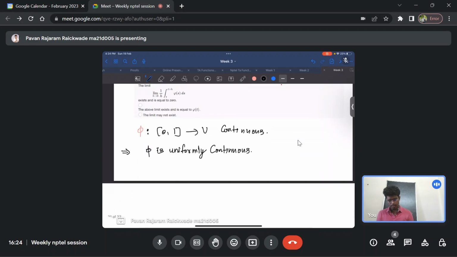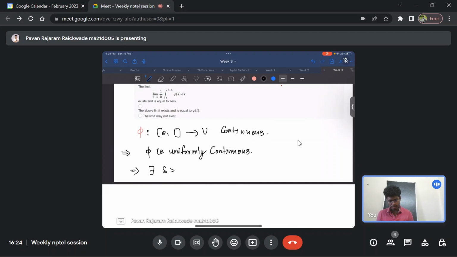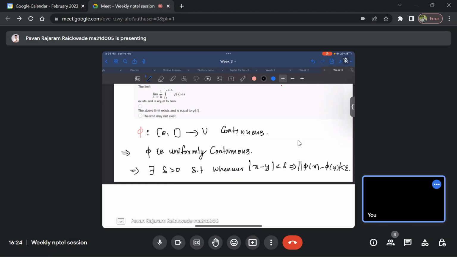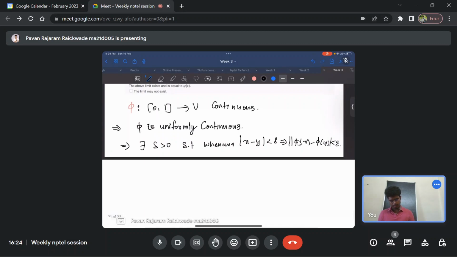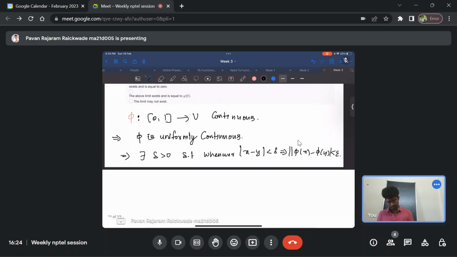So there exists a delta positive such that whenever the modulus of x minus y is strictly less than delta, the norm of phi x minus phi y will be strictly less than epsilon. This is the definition of uniform continuity. We will use that here.